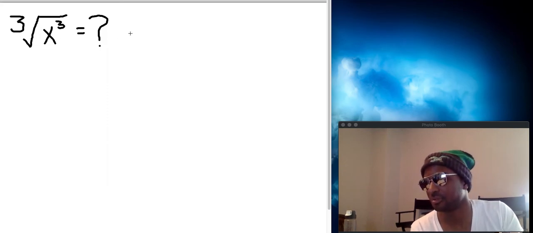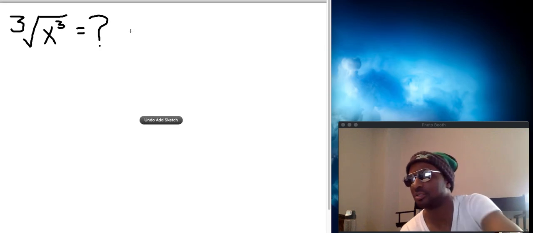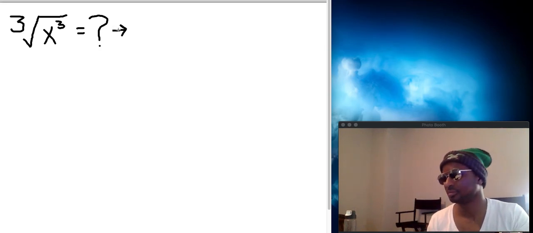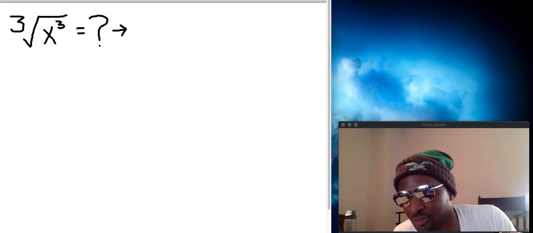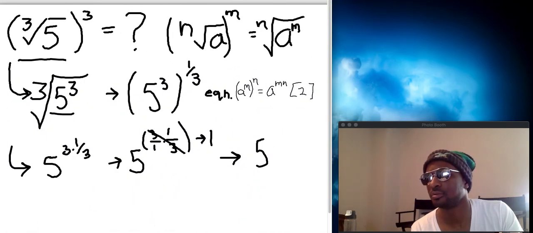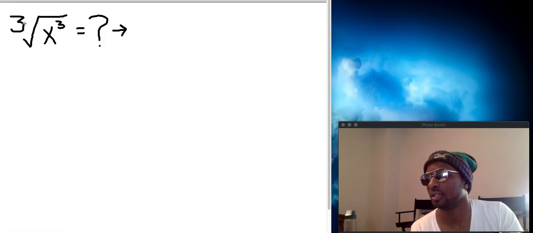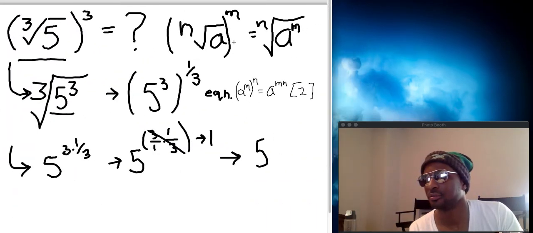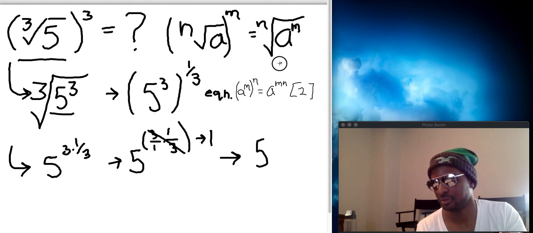So what we're going to do is rewrite this equation using this rule, going backwards from right here.